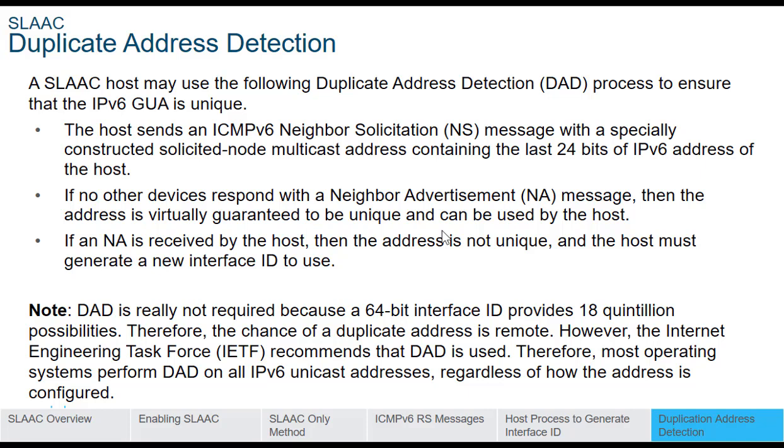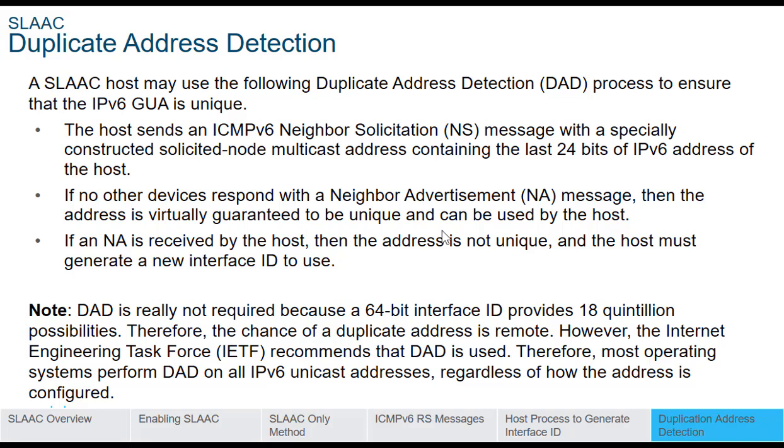Once it generates its IPv6 global unicast address, chances are it could be duplicated, but we've learned that those chances are very rare given the wide possibility of addresses available. However, IETF recommends that DAD still be used.